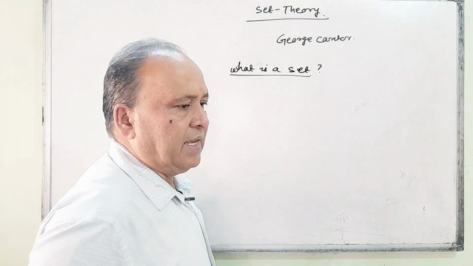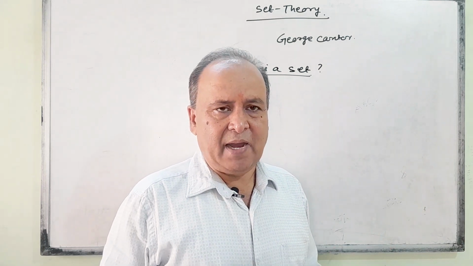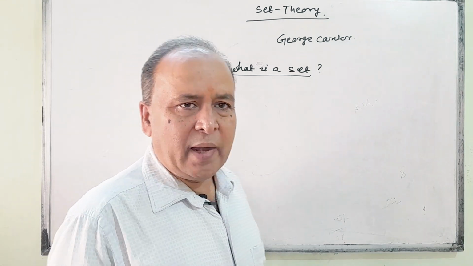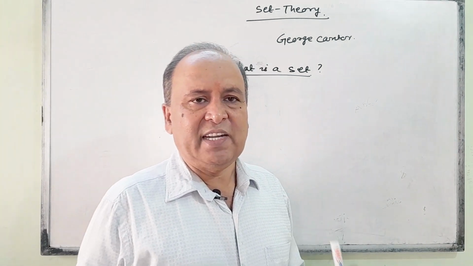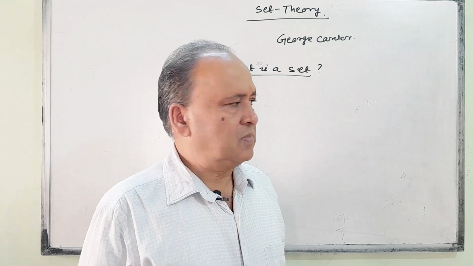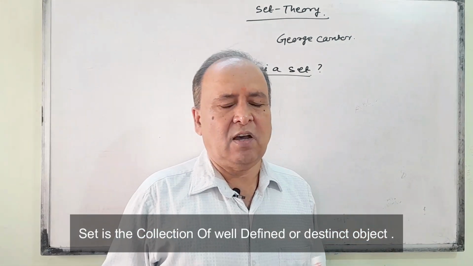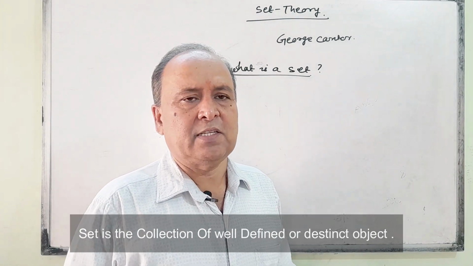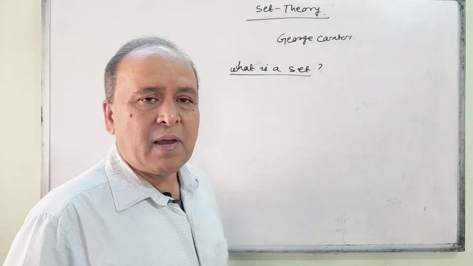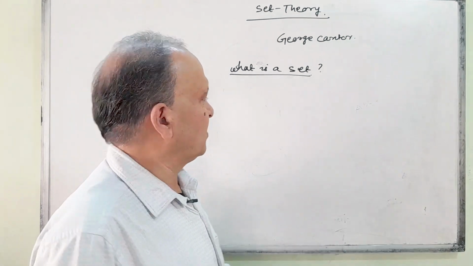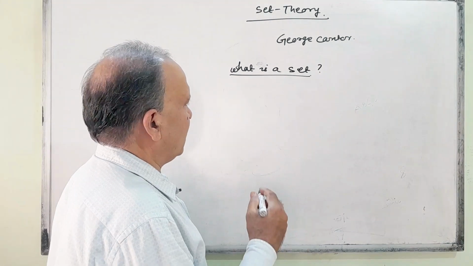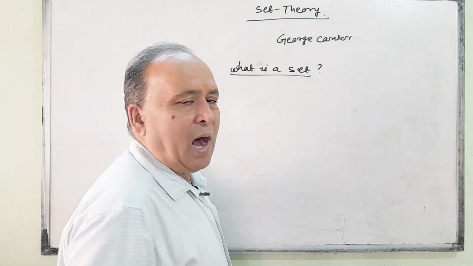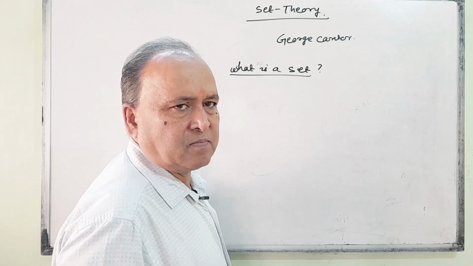A set is defined as the collection of well-defined or distinct objects. What do you mean by well-defined or distinct? Suppose I ask you, tell me the vowels of the English alphabet.